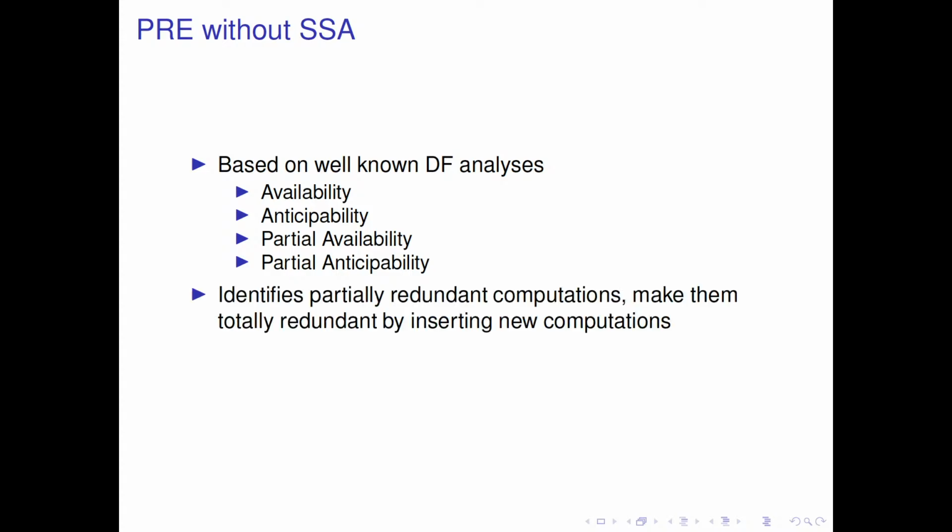So it identifies partially redundant computation and makes it fully redundant by inserting new computations. Because it is inserting new computation, it requires availability or anticipability. And finally, now the computation is fully redundant, so you can do CSE.